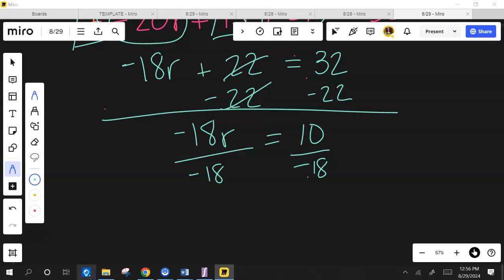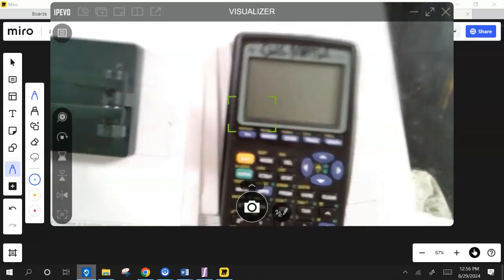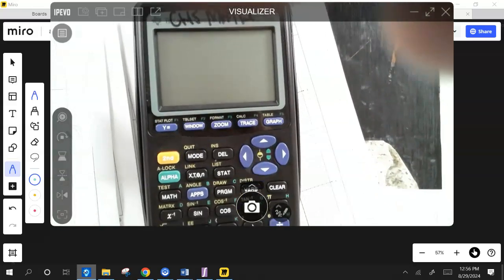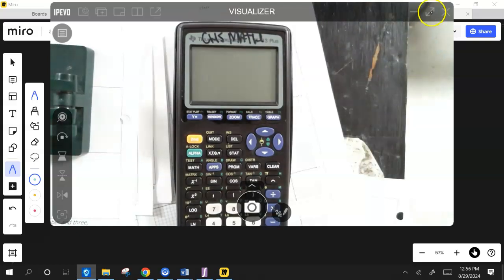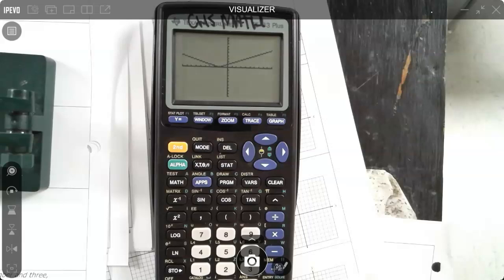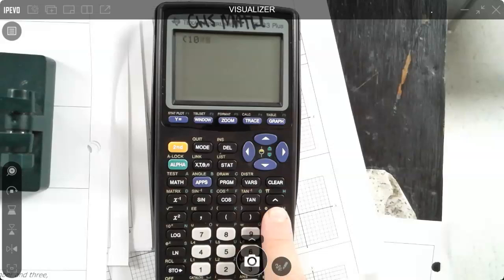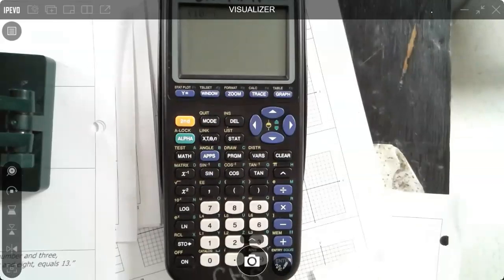All right, remember 10 divided by 18. 10 divided by, and let me do it as a fraction, so let me put in parentheses. 10 divided by, now, this is different than Desmos, and here is why.